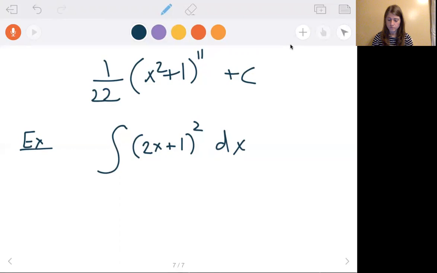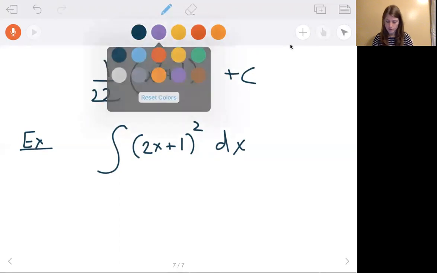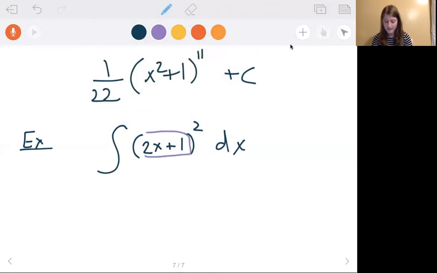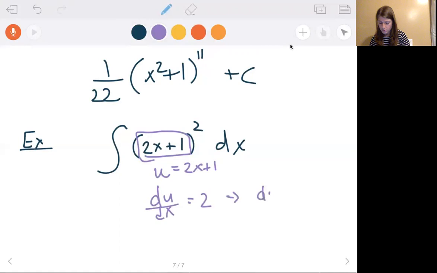So if I think about a u sub here, I have an inner function, but notice there's nothing being multiplied out in front. But when we think about this u, the derivative of our linear u is going to be a constant. du dx is 2 in this case.